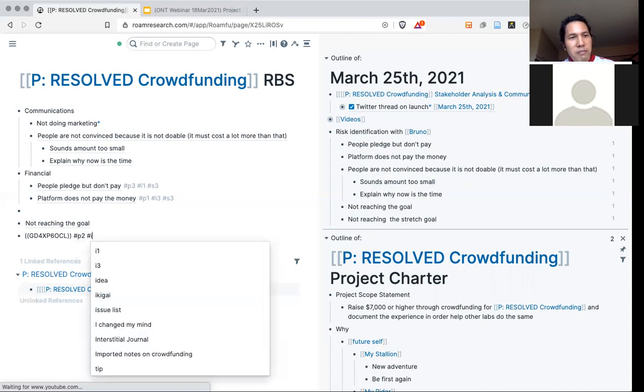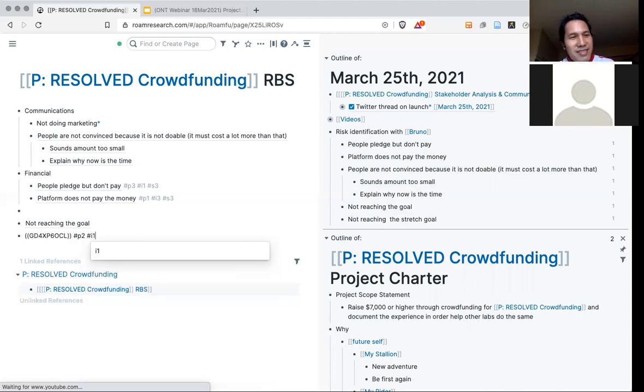And the impact would be 2. Well, this is 1, because the project will still be okay even if we don't reach it. Yeah, I would put 2. Because you see, if you put 1, the score will be 2.